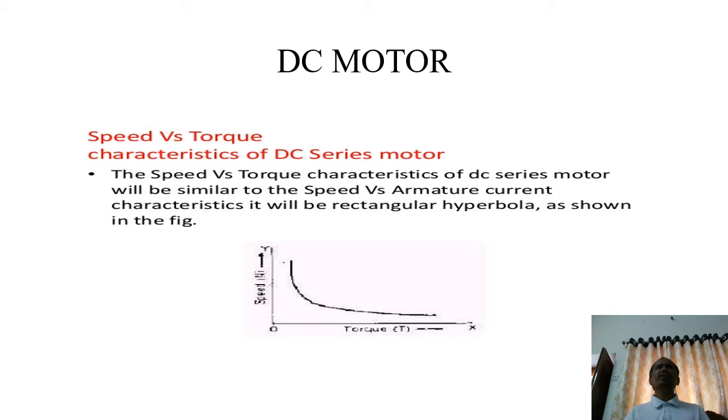Just remember once again, I can repeat what I taught in the class. The supply voltage is connected across the armature and the shunt field winding. These two are connected in parallel, so the same voltage appears across both. The current I is divided into armature current and shunt field current, so IL is equal to Ia plus Ish.